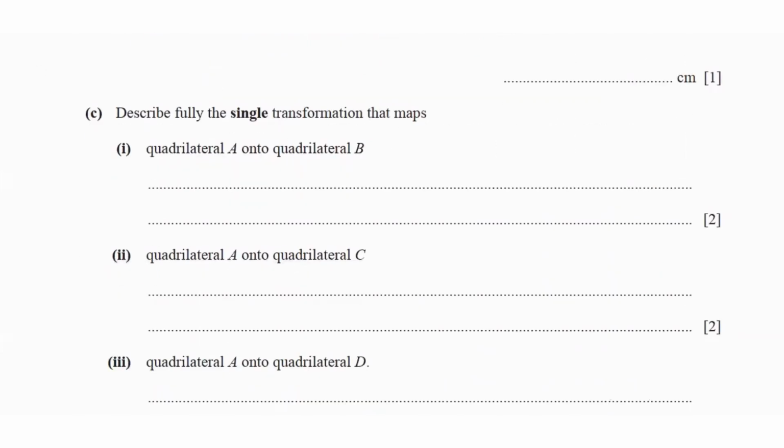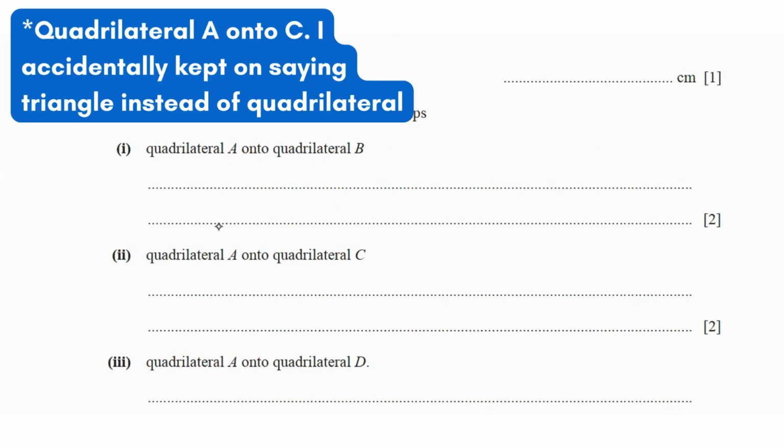To describe fully the single transformation that maps quadrilateral A onto quadrilateral B, it is a translation by a vector of 9 and -7. Next, we're talking about a single transformation that maps triangle A onto triangle C.